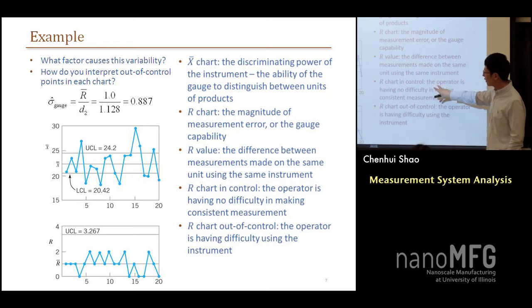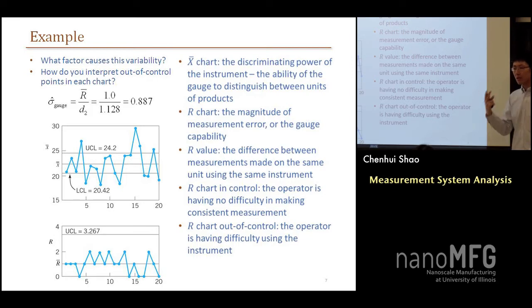So the R value is really reflecting that difference. And for the R chart, if it is in control, it means that the operator has no difficulty operating the gauge properly. If you have a very huge R value somewhere in the R chart, it means that for that part, the operator was really confused by some experiment setting. Maybe they used a different baseline, or a different reading technique, or something else, or maybe they're tired.